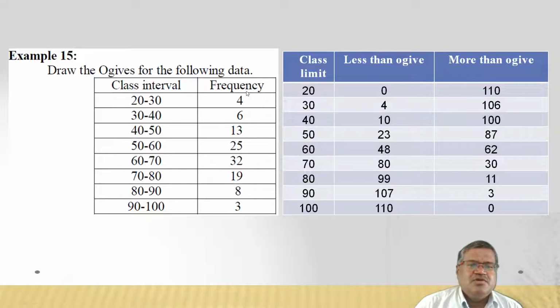We are cumulatively adding the frequencies. Total frequency is 110 here, and from the start, 110 minus 4 is 106, minus 6 is 100, like that. This is used for more than ogive, and this is used for less than ogive.